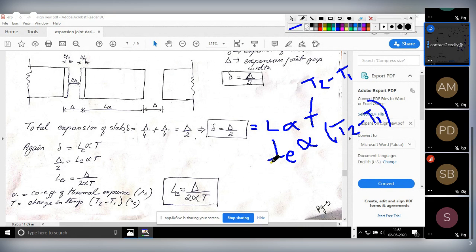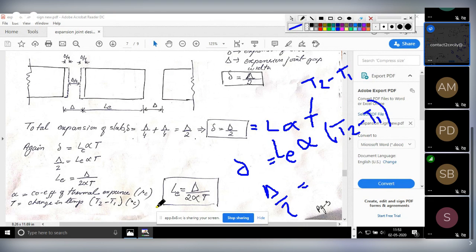This is given by delta. Now put this delta value as delta by 2, then delta by 2 is equal to this formula. So from here we will get Le as delta by 2 alpha T, where T is T2 minus T1.